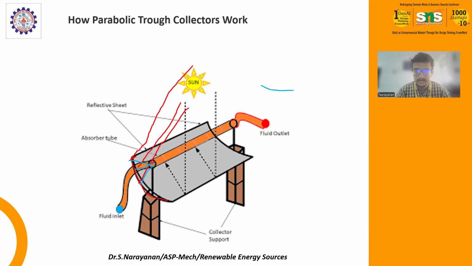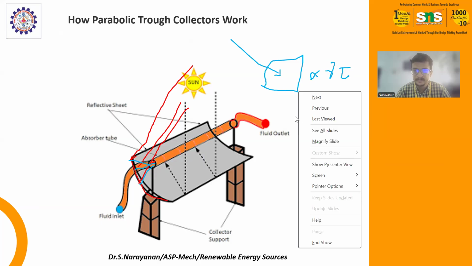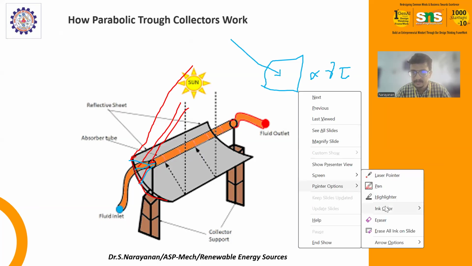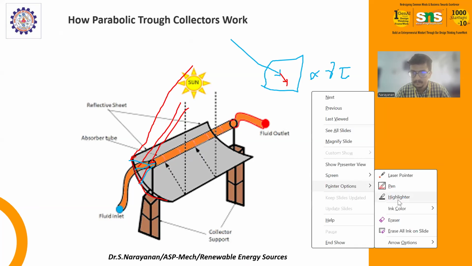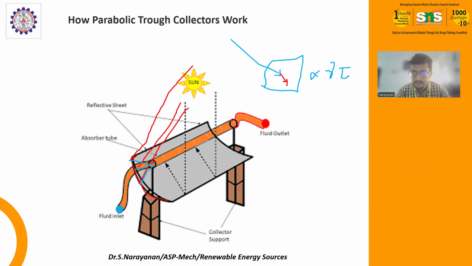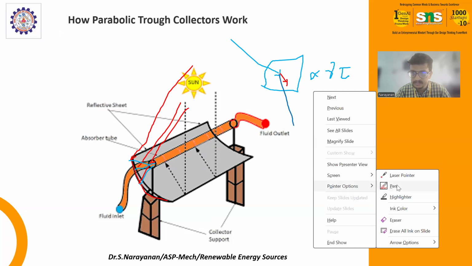You all know that if you have a material, you can either absorb, reflect or transmit heat. So when a radiation is incident on a material, it can be absorbed, or transmitted, or else reflected.